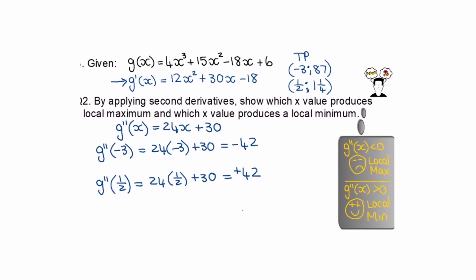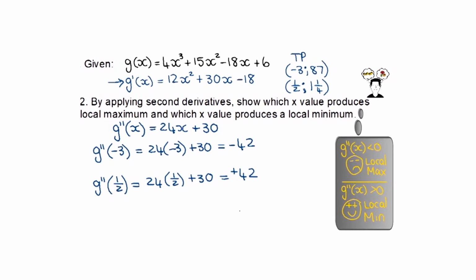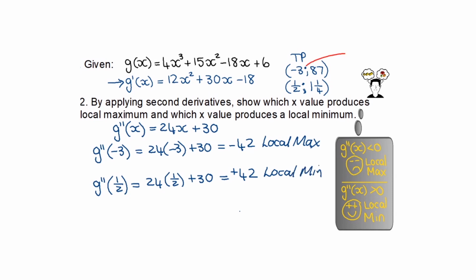We said that if the second derivative comes out negative, then it's a local max. So I can conclude here that I've got a local maximum. And where it's positive, it will be the local minimum. In other words, if I go back to this turning point (-3; 87), there where I had a -3 will be the local maximum turning point, and the other one will be the local minimum.